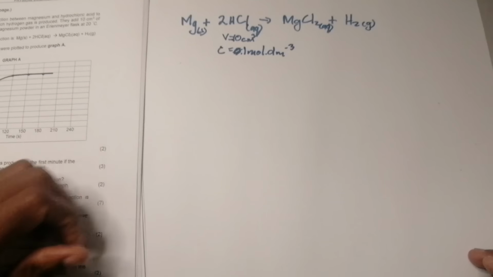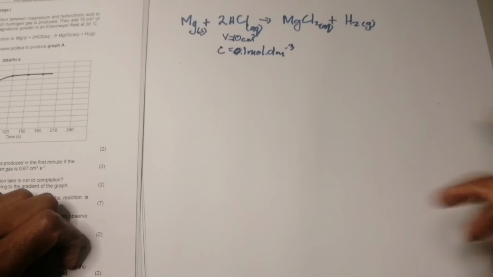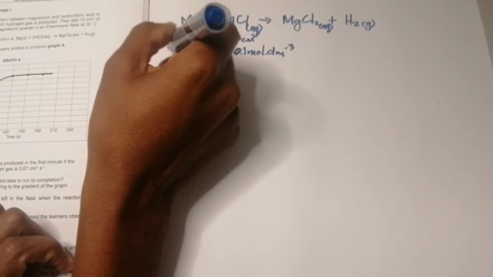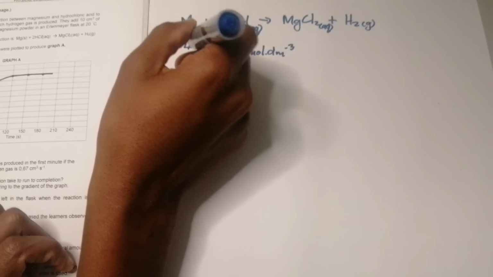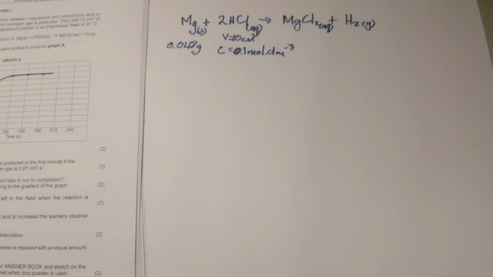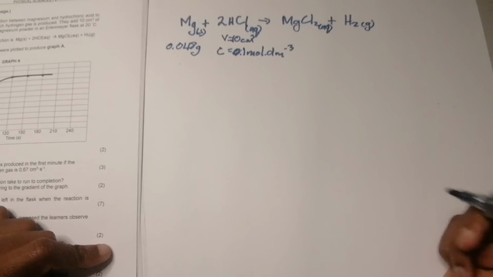So that's what we have there for hydrochloric acid. And then magnesium, they had given me the mass, 0.048 grams. Because I wasn't told which one is the limiting reactant, I would need to find that out for myself.